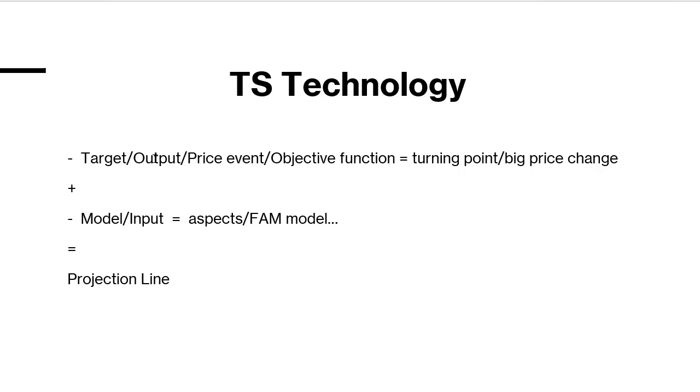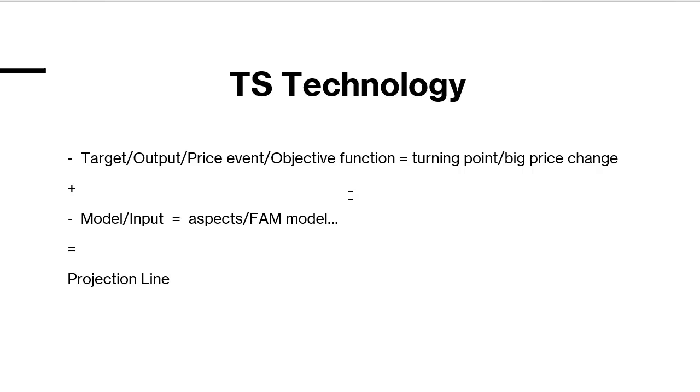For traders, they can call it price events or price action, and in math they usually call it the objective function. So this is a kind of Timing Solution slang, target. Next, this is the model, what we will use to make the forecast.